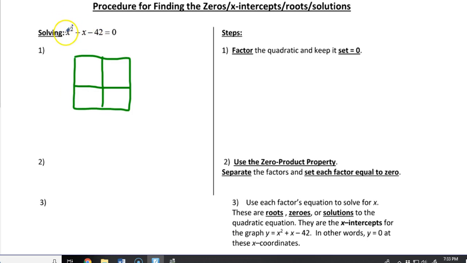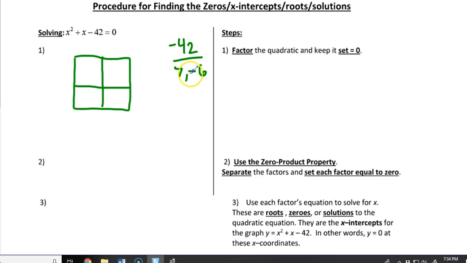If you remember, we're going to multiply the 1, that is the coefficient of x squared, now there's the a, times the c, the -42, that's -42. We're looking for factors of -42. So what are some numbers that occur to you? And we want their sum to equal 1. So we might try like 7 and -6.